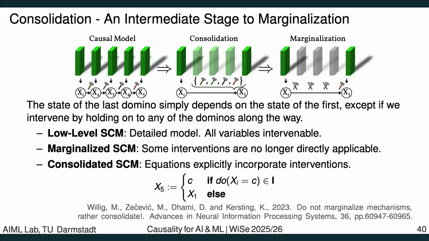The interesting thing here is that our structural equations, if we do it in that way, now have some notion of the interventions that are present in the system. Think of instrumental variables, which are special variables that we can attach to our causal graph to indicate whether there is an intervention or not. It's something similar here.